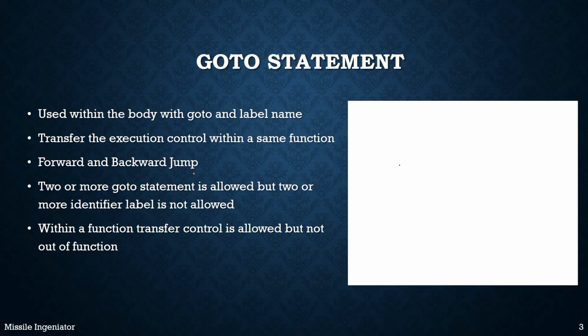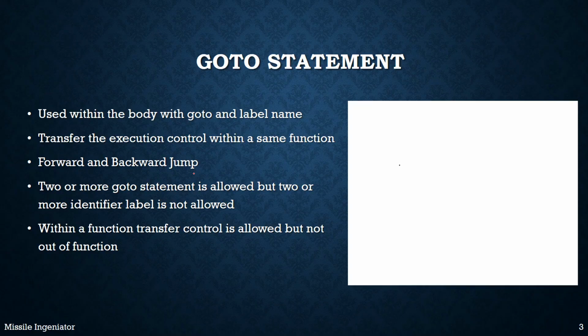Then again someone tells you to go to the HOD room, and another peon tells you to go and meet your class teacher, and finally you come back to your destination. Similarly, the goto statement comes somewhere in the middle and tells you to jump to some path, do some functionality, and then come back to where you actually started from.